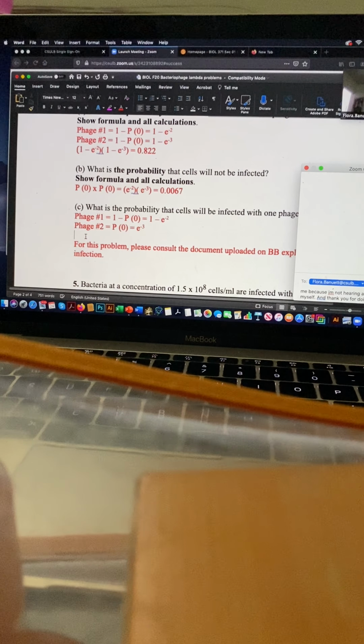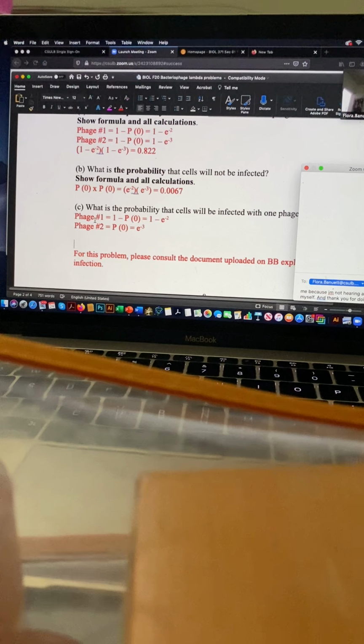So the probability of being infected with phage 1 and not with phage 2 is the product of these two.